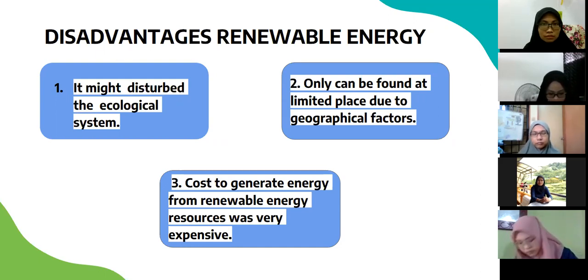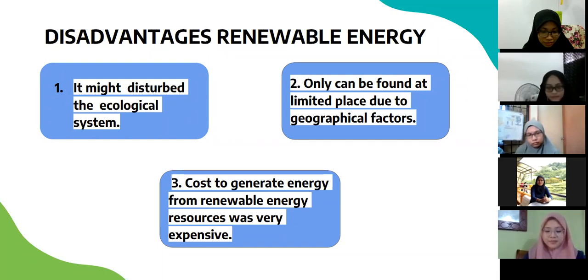Secondly, renewable energy can only be found in limited places due to geographical factors. For example, Indonesia uses wind energy to produce electricity, while France uses wave energy, which forms from ocean energy, because it faces the Atlantic Ocean that will support and increase the speed of wind.